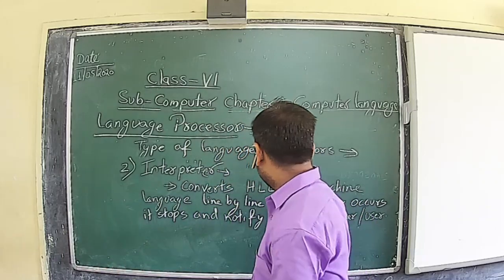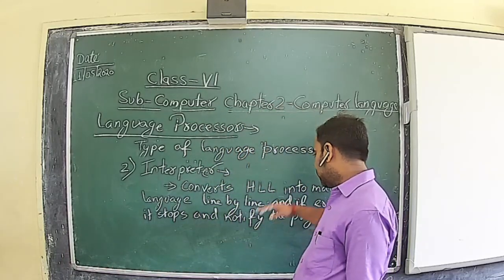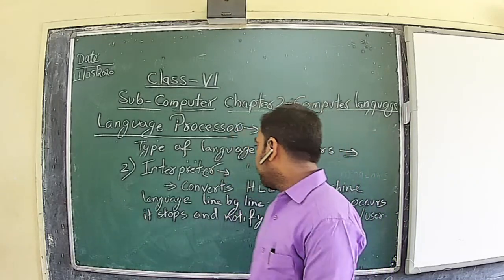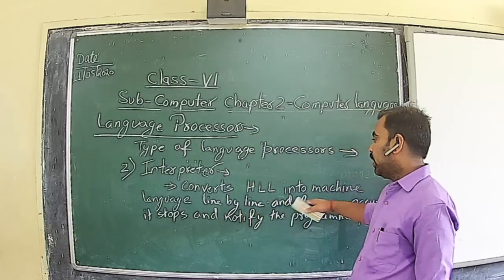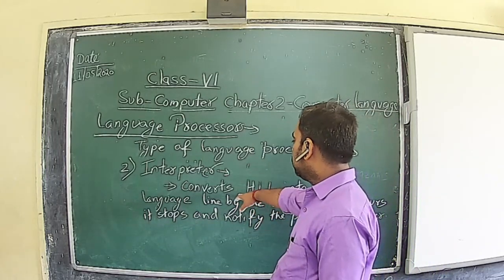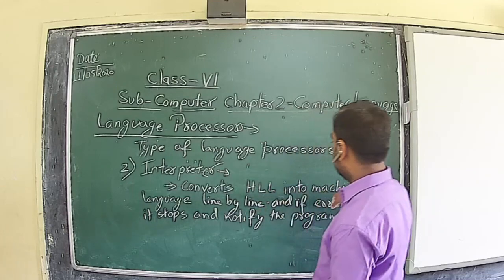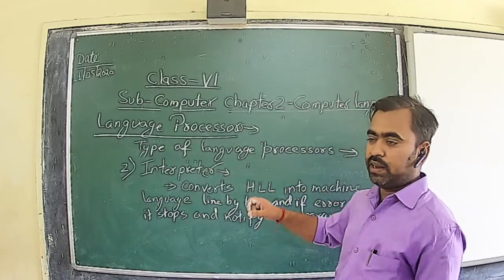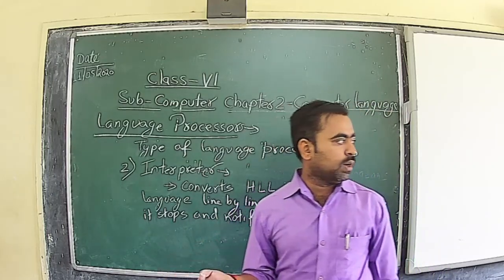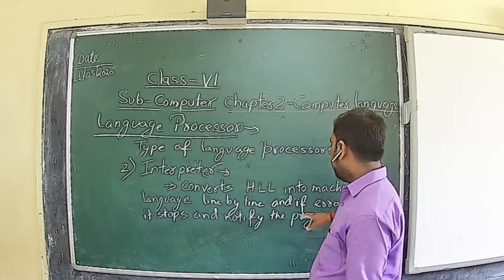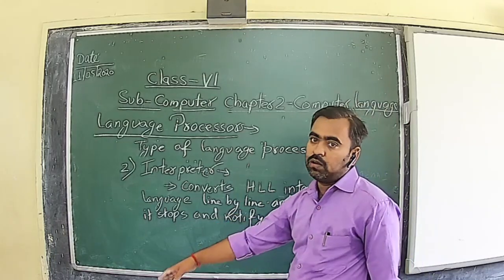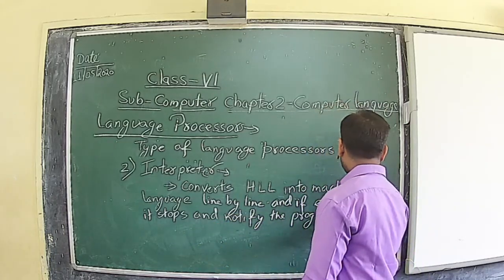Once the programmer has corrected the error, it moves further for the interpretation, and again it moves to the next line. This is the way of working of the interpreter.